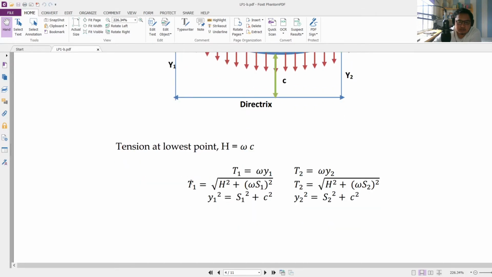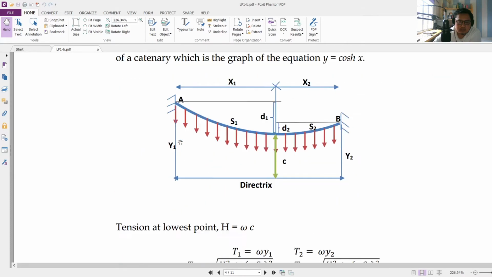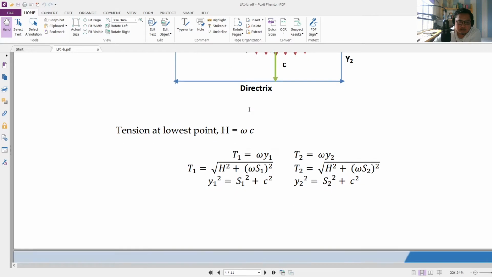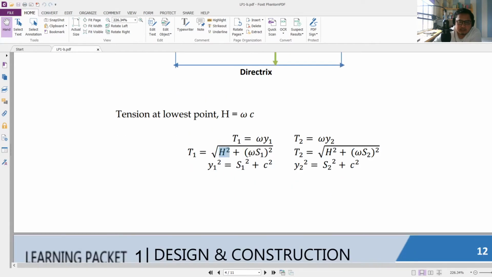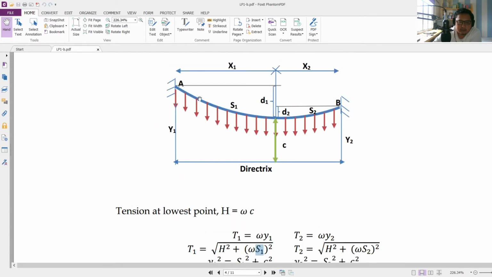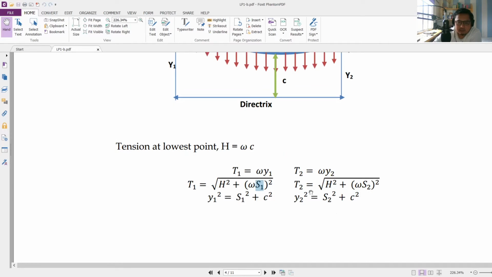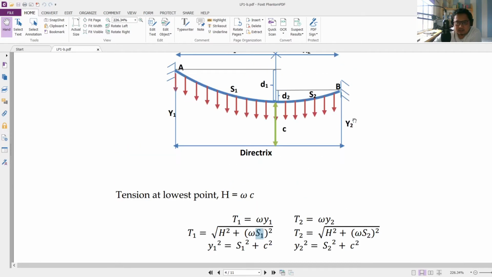So the tension at support A, T1, on the left side, is the square root of H squared plus (w S1) squared. H is the tension at the lowest point, w is the load per unit length, and S1 is the length of the cable. The same applies to the right segment.